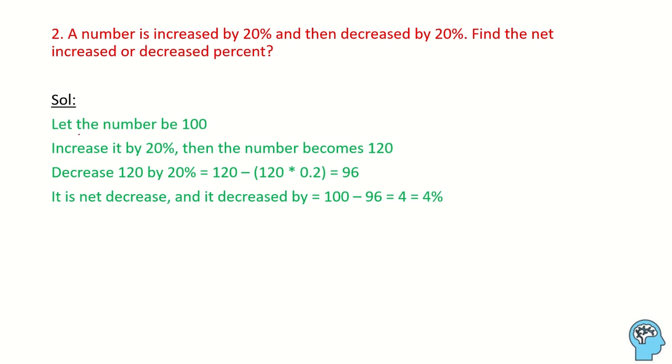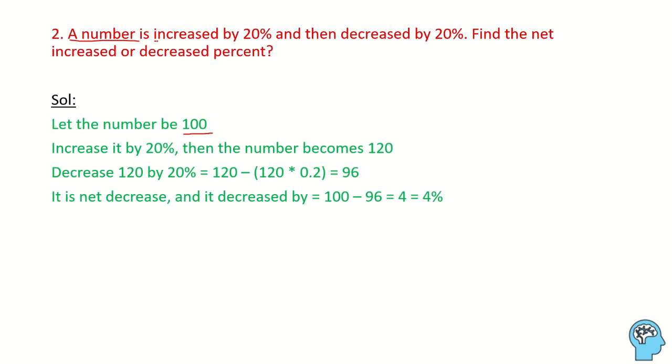So first, for this kind of problem, when you don't know the original number, when he's saying a number is increased by 20%, that means you don't know what the number is. So you just have to assume it to be 100.